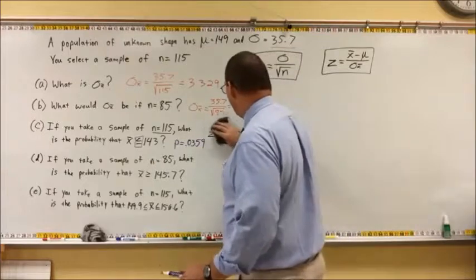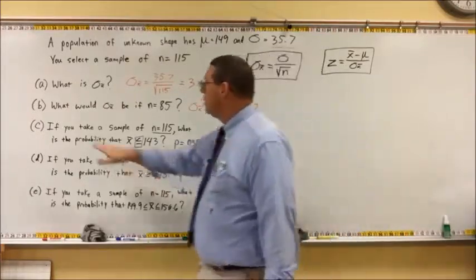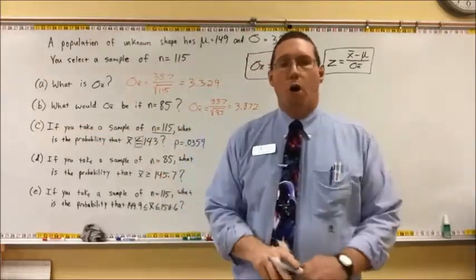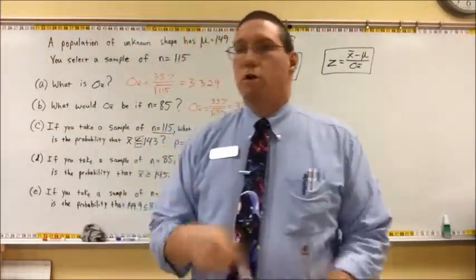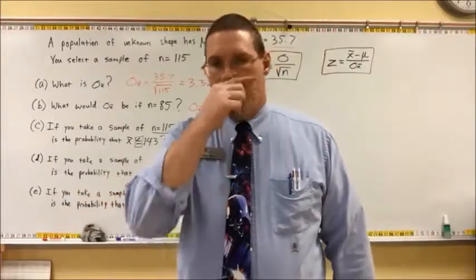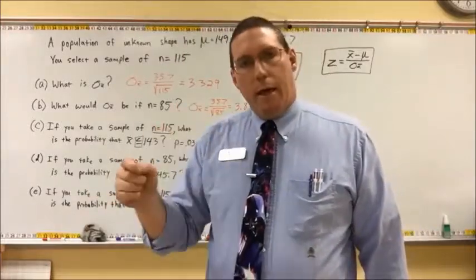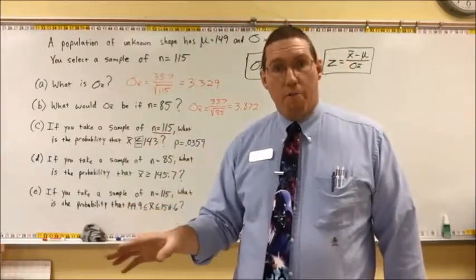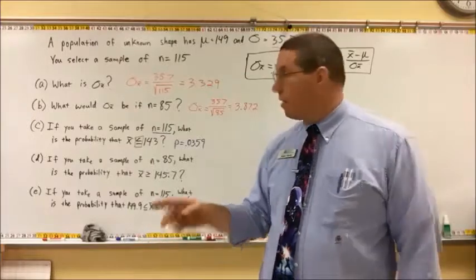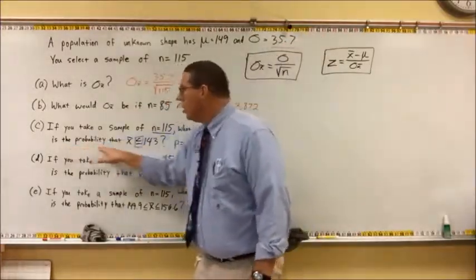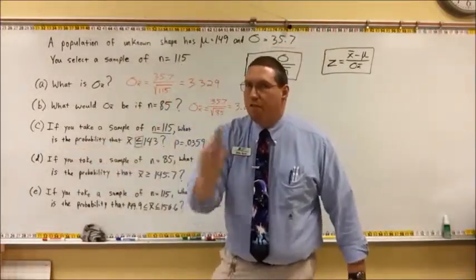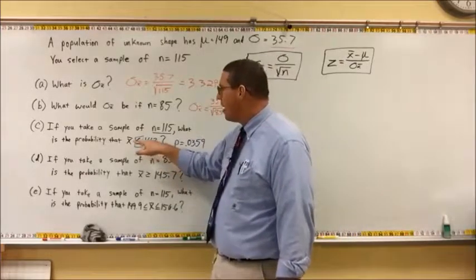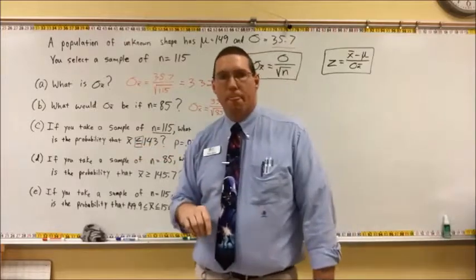Let me explain what you just determined. You take a sample, 115 people, or dogs, or houses, or trees, or doors, or walls, or chairs, pieces of candy, and you find out what the mean of those observations is. What is the likelihood that the mean is going to come up as less than 143?